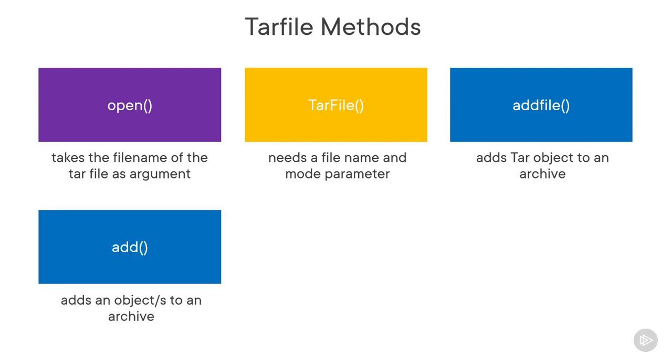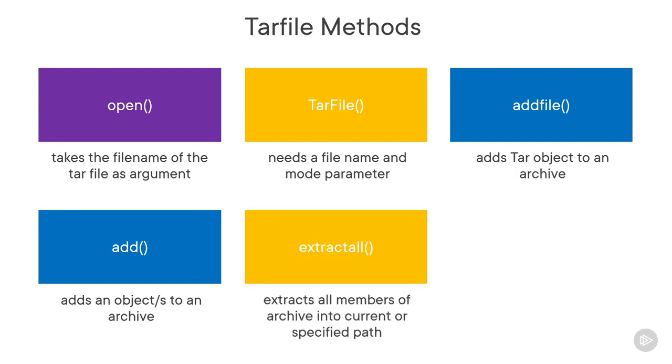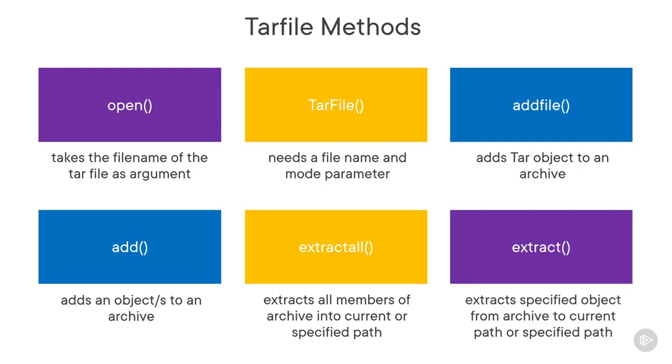You also have the add method, which you can use to add an object or objects to a tar archive. You have extractall, which will extract all of the objects in a tar archive into either your current path if you don't specify a path, or a specified path. And you also have extract, which you can use to extract specific objects from a tar archive. Again, if you don't specify a path, it's going to go into the current path.